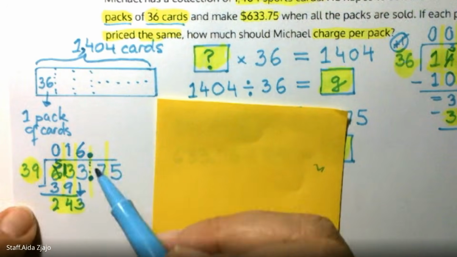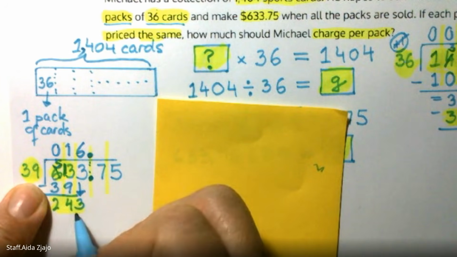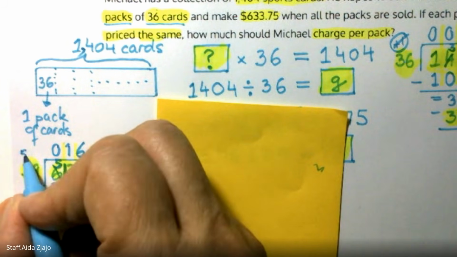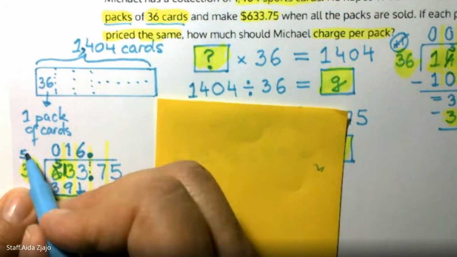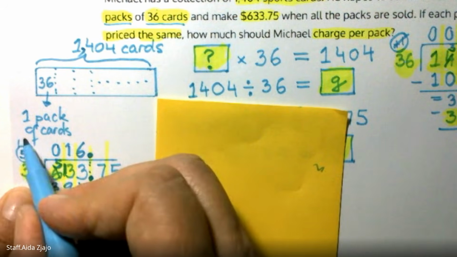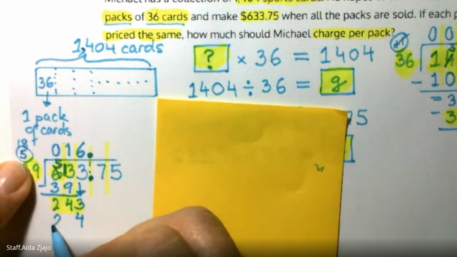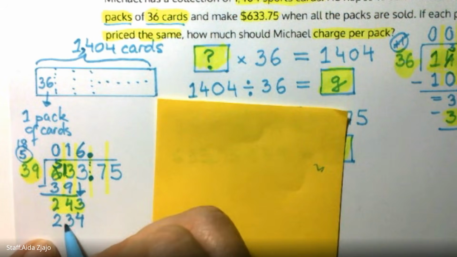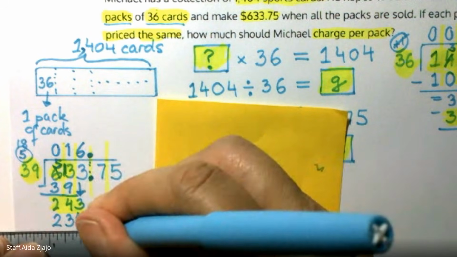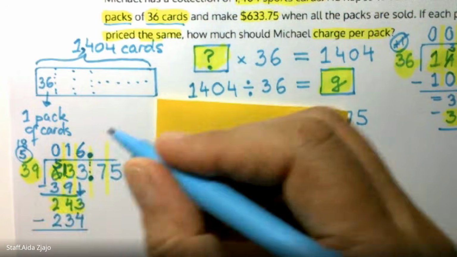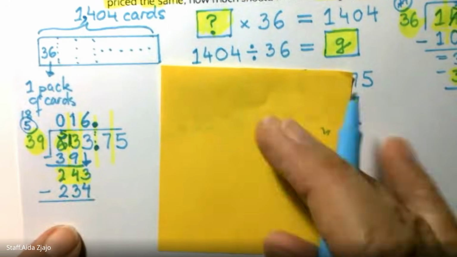So let's now do that. 6 times 9 is 54. 3 times 6 is 18, plus 5 is 23. And we got ourselves left over. So let's find what it is, because 6 times 39 is 234, not 243.